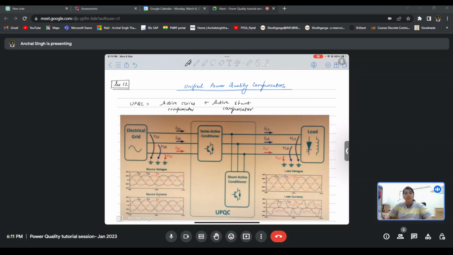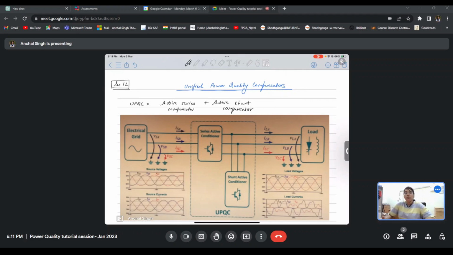The load is no longer a fixed kind of load because of the presence of power electronic based electrical loads, and loads like electric vehicles, and a lot of dynamics involved in the load, so we are switching to active compensators now. Active compensators are passive components plus switches.